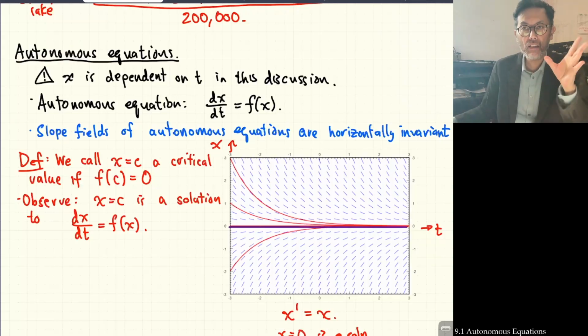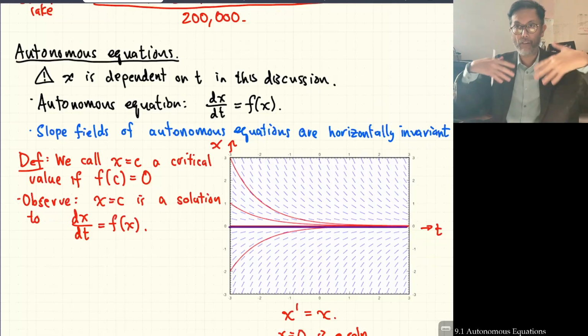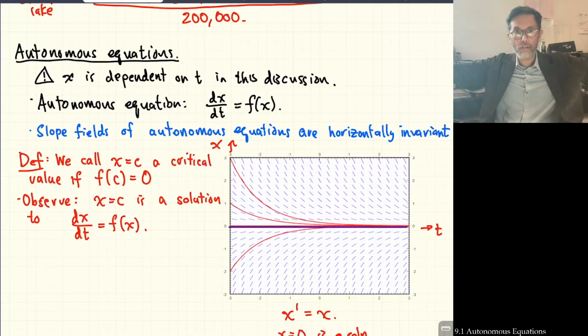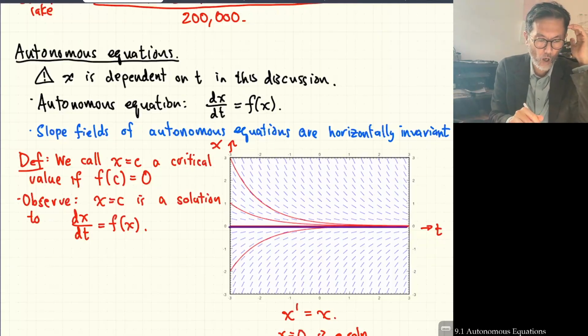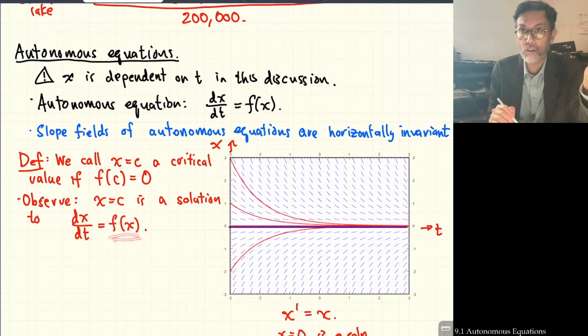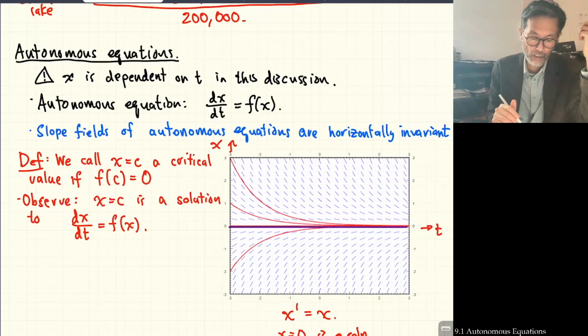Is this clear? Because think about it, right? If we take x equal to c, we think of that as a constant function, okay? If we plug in that c into the right-hand side here, we get 0. That's clear because f of c is 0 by definition of being a critical value, yeah?